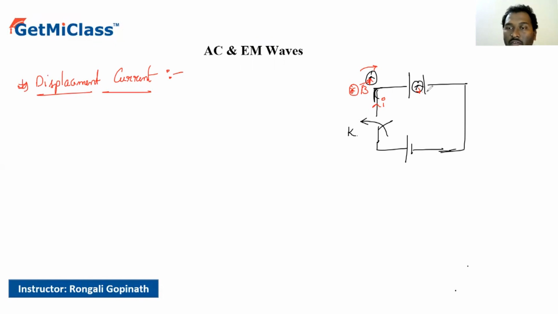But why are we able to see this deflection between the plates? That implies that as soon as you close the switch, until the plates get charged from 0 to plus Q and this one from 0 to minus Q, there is charge buildup. That means the charge is continuously increasing.